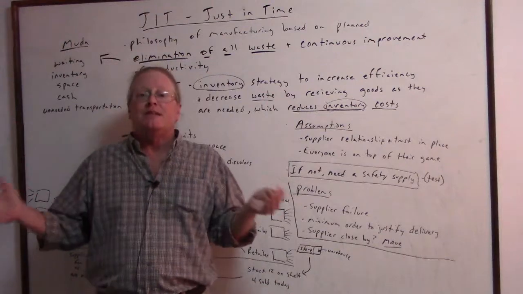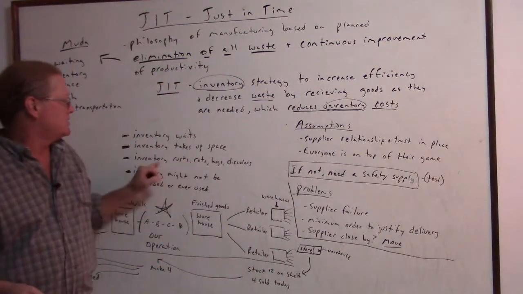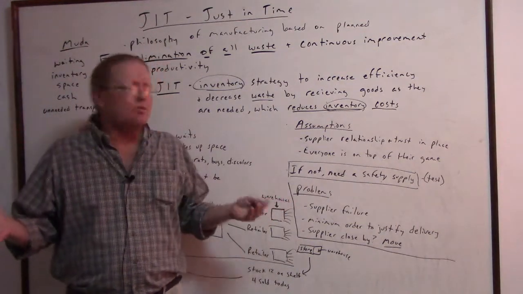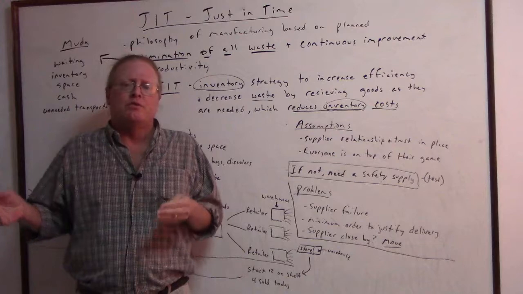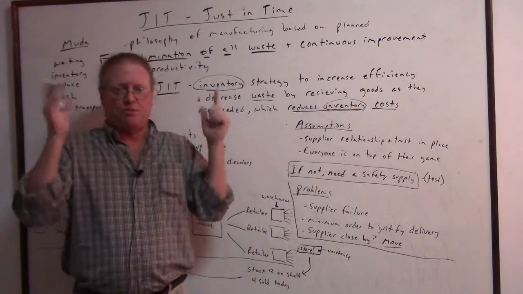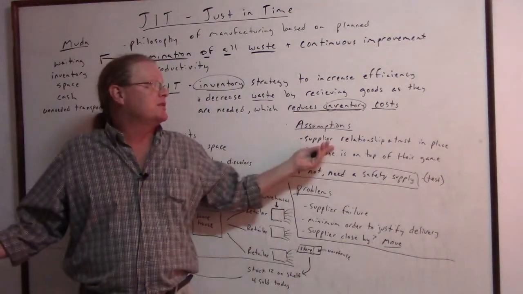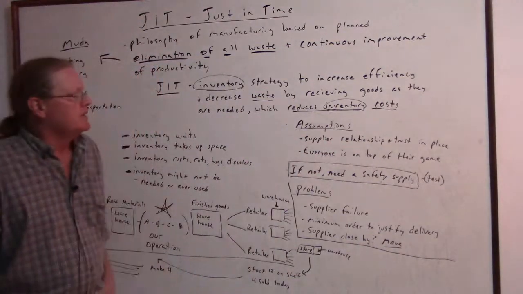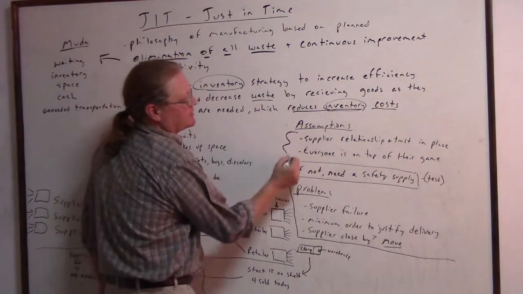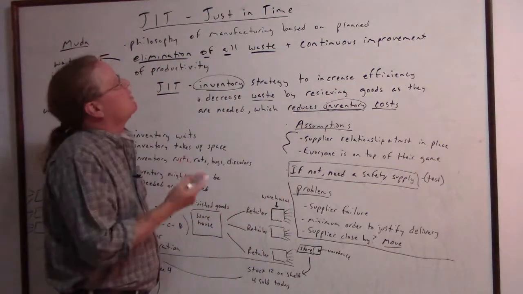Instead of having 10,000 of something on hand that might be rotting, getting bugs, discoloring, rusting, why do we have that? Why can't we reduce that? Well, the reason we can't reduce it is the mentality of bulk purchases, and it might be a sign that we don't have a relationship, we can't trust the supplier. So now, if we can get this done, then we can start to do just in time.